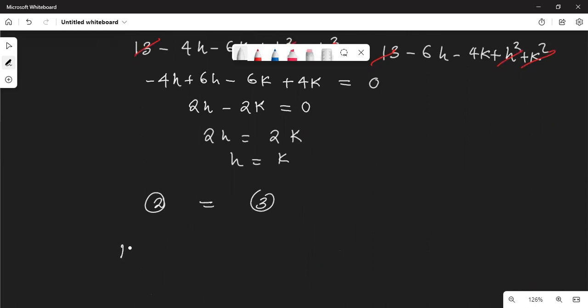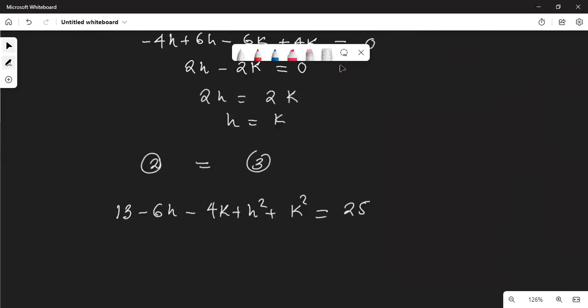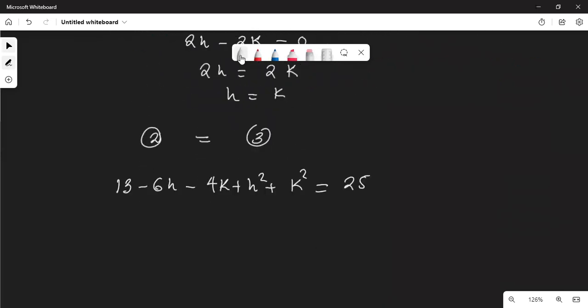Equation 2 is 13 minus 6h minus 4k plus h squared plus k squared, equal to equation 3, which is 25 plus 8h minus 6k plus h squared plus k squared.